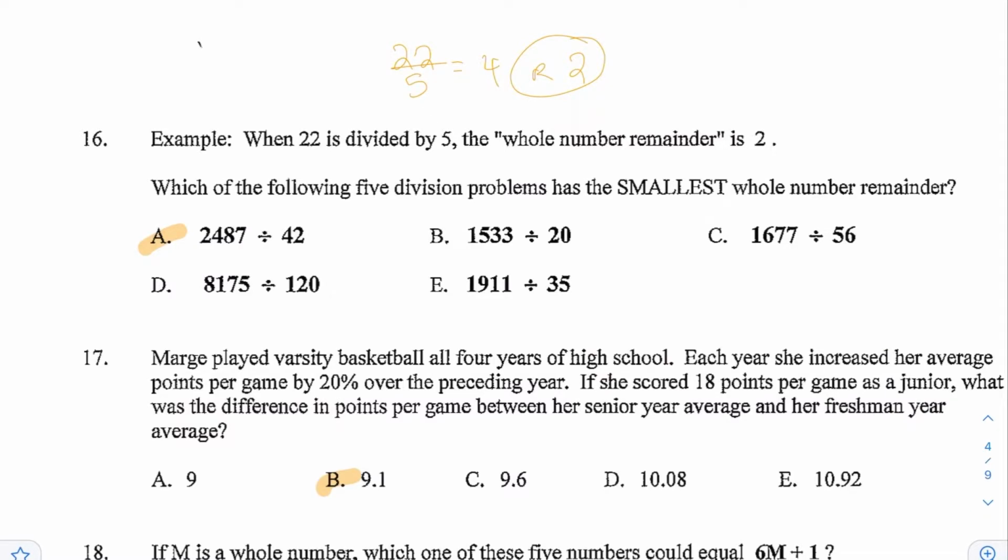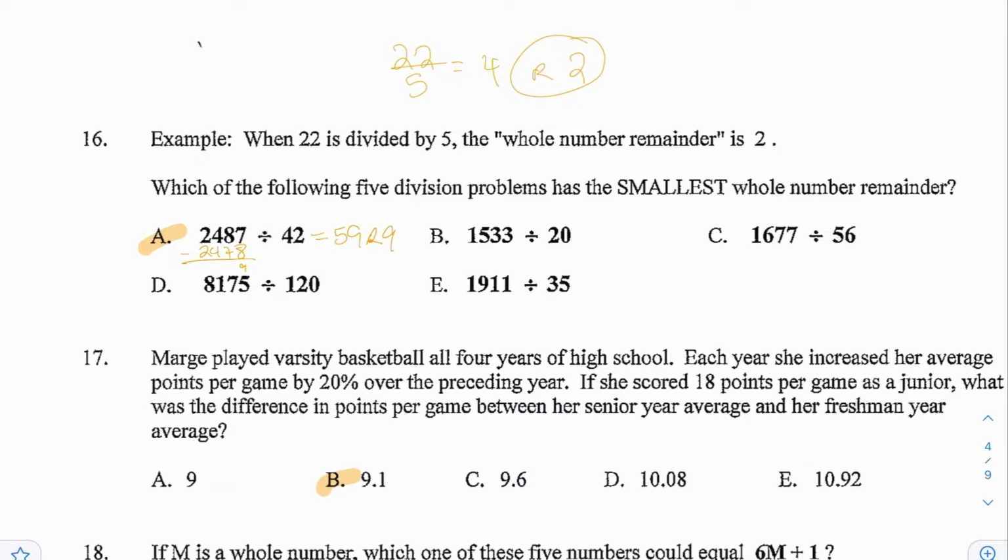So for choice A, when you have 2487 divided by 42, that's going to be 59 point something. So if you do 59 times 42, that's 2478. And when you subtract 2478 from 2487, you get a remainder of 9.